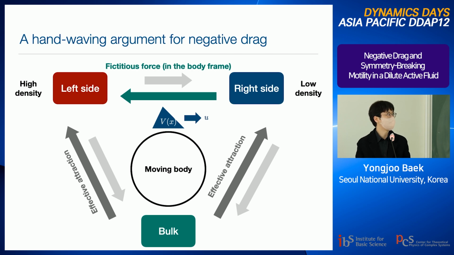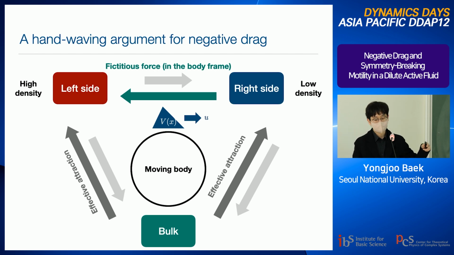Then that results in the active particles on this right-hand side moving more easily to the left-hand side, while those on the left-hand side find it relatively difficult to cross over to the right-hand side. So that, combined with these effective attractions, means there are likely to be more active particles on the left-hand side compared to the right-hand side.